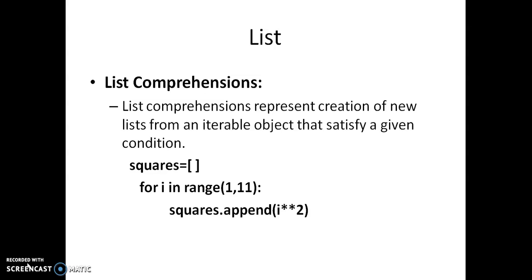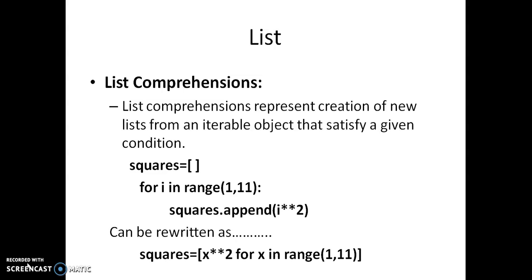Without writing these three lines of code, we can complete it in a single line using list comprehensions. For that we can do like this. Squares equal to, where squares is the resultant list that we want to create with the squares of the numbers. For the creation of a list, we use square brackets.